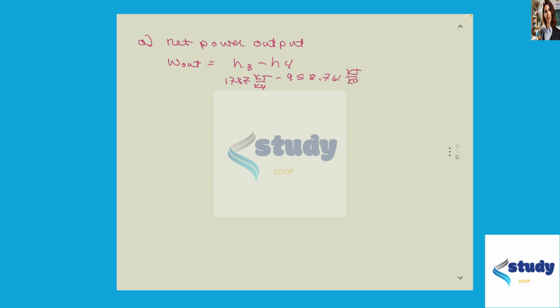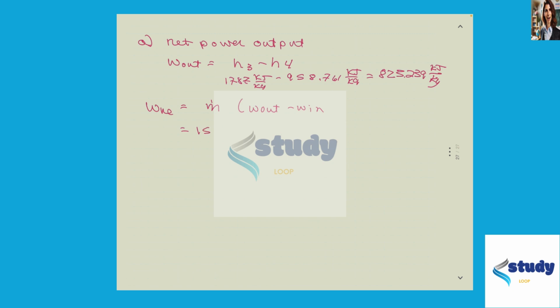There we're at 823.239, so that the net power will be this times W out minus W in.